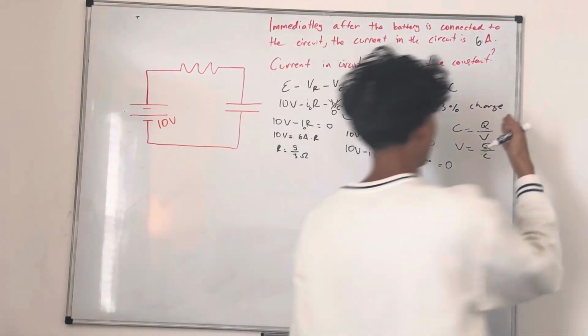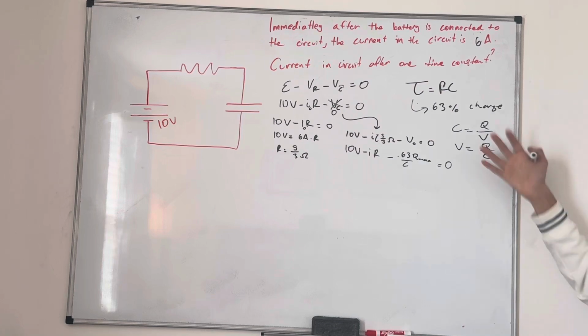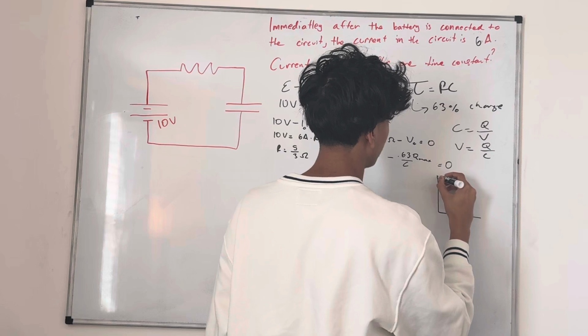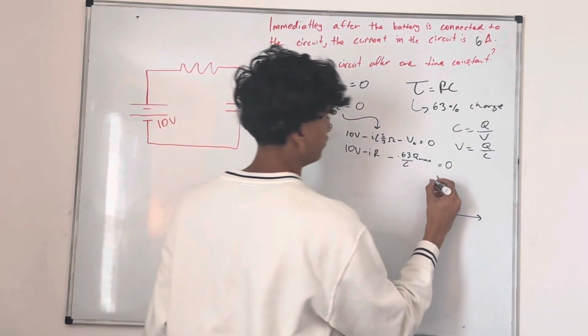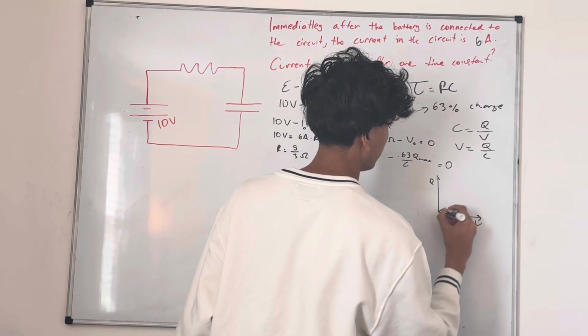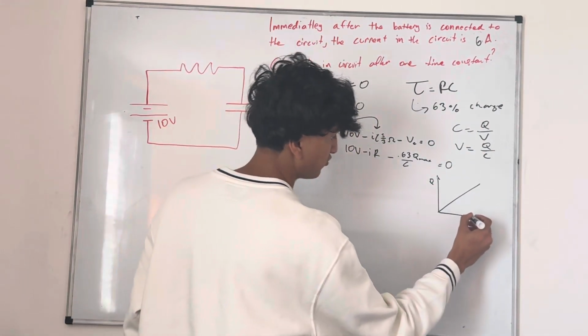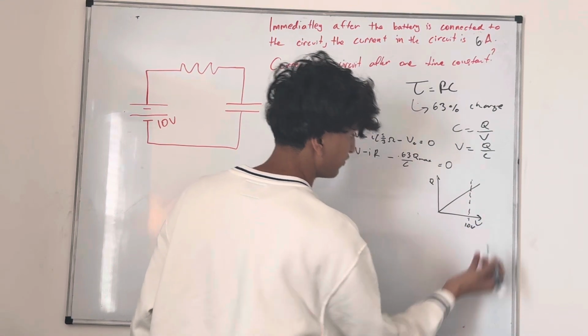So this expression is really saying the capacitance is equal to Q at a certain time over V at a certain time. So if I think about the graph that this unit keeps obsessing over, Q, V, right? The slope is capacitance. At a certain max voltage, this thing is going to reach 10 volts eventually.